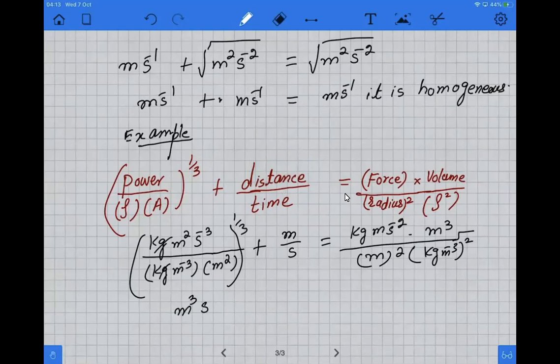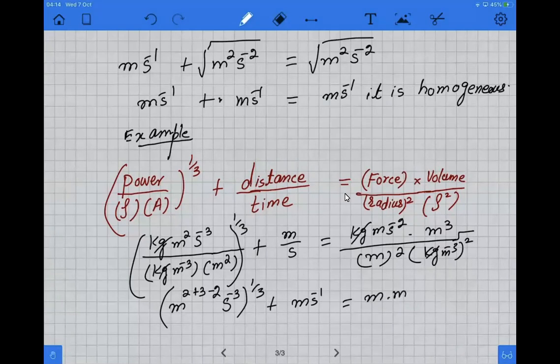After simplification it would become meter power 2 plus 3 minus 2 second power minus 3 whole power 1 by 3 plus meter per second is equal to, on the right hand side, kilogram is cancelled out with kilogram, and what you get is meter into meter cube into meter minus 2 into meter plus 6 second minus 2.